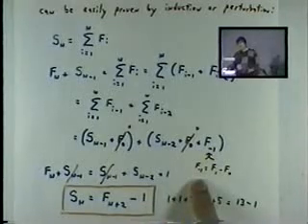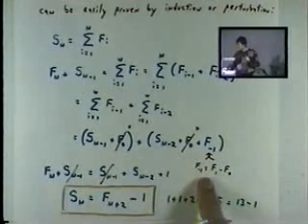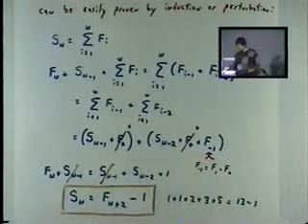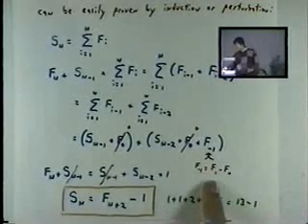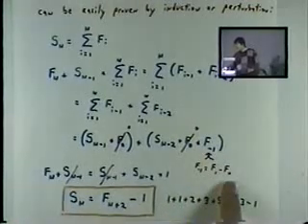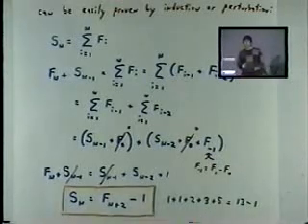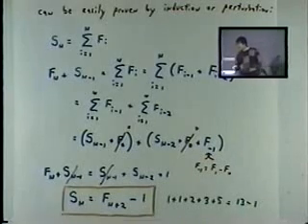Any questions about what I'm doing here? If you believe the definition, this then defines the negative numbers. If that's true, f sub 1 is 1, f sub 0 is 0, f sub minus 1 is 1. Any questions?